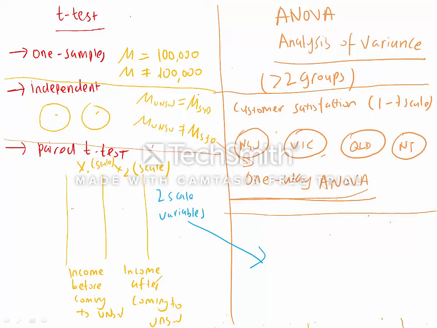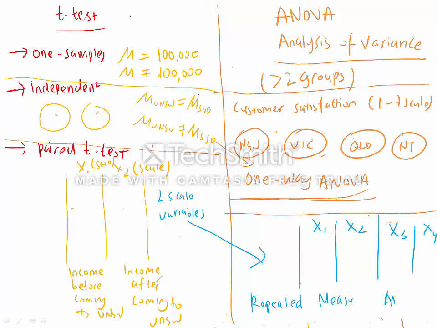If I have more, for example 4, so let's say I want to analyze x1, x2, x3, x4 concurrently, then we also have to use ANOVA. So instead of 2, I have 4 scale variables, and the method that we're going to use is called repeated measures ANOVA.